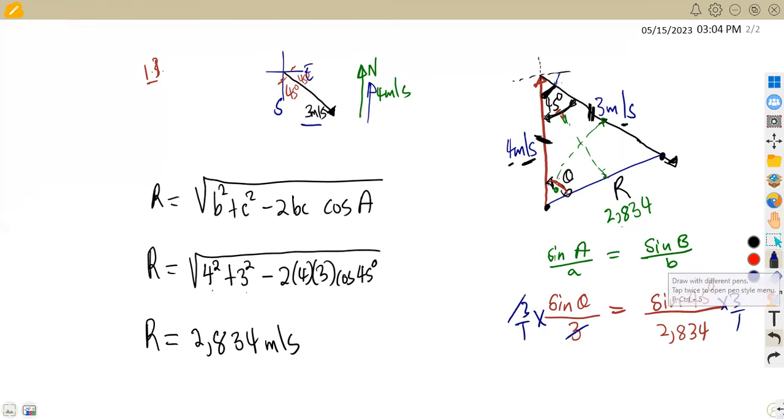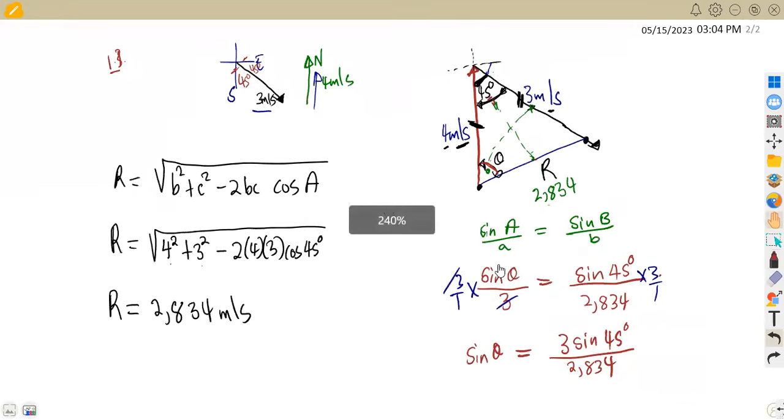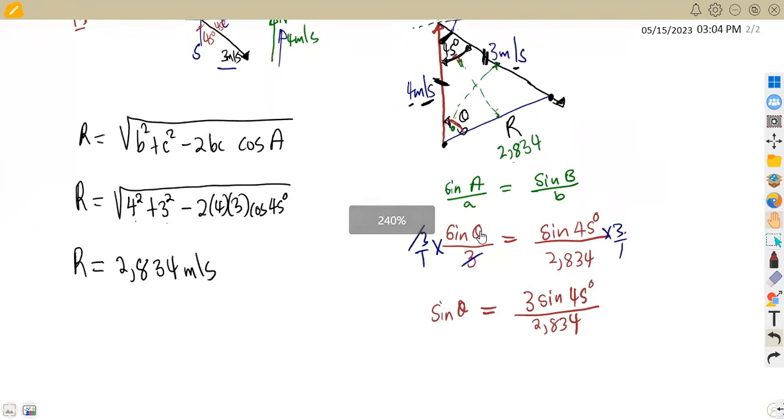So this simply cancels. We remain with the sine of theta, which is equal to 3 times the sine of 45 over 2,834. So this whole part can give us the angle of theta. So just like the previous part, remember, in order for you to obtain the theta, it is going to be arc sine of this.